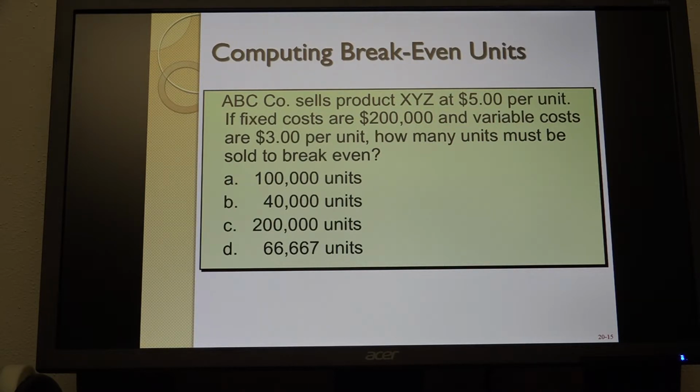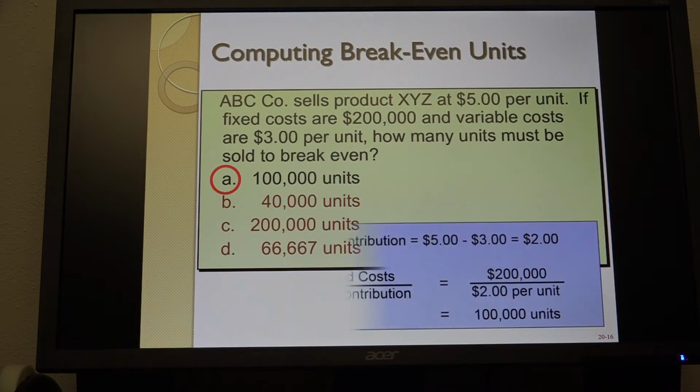The $5 per unit that they sell it at minus the variable cost per unit of 3. So they must sell how many units? 100,000 units.